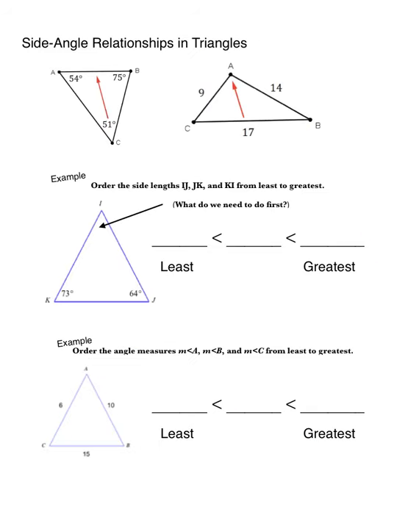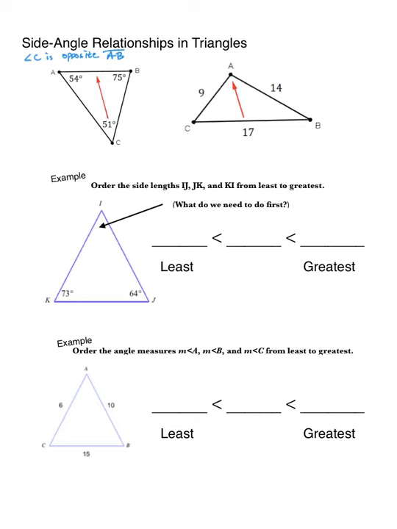Now we're going to look at side angle relationships in triangles. I had mentioned before how things are opposite. So I'm going to write over here: angle C is opposite side AB. Remember the arrows I drew earlier?